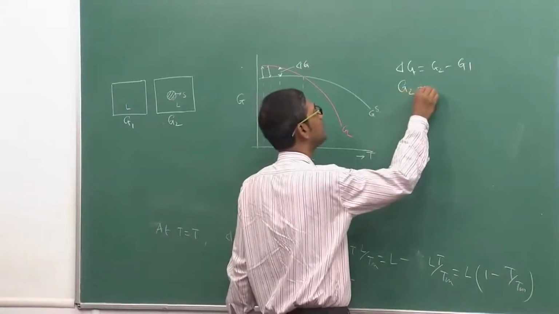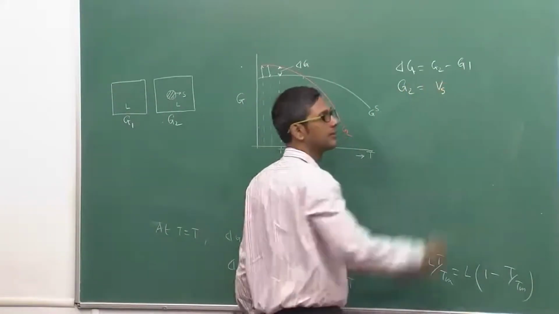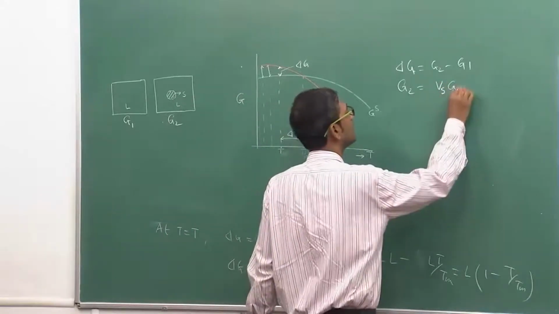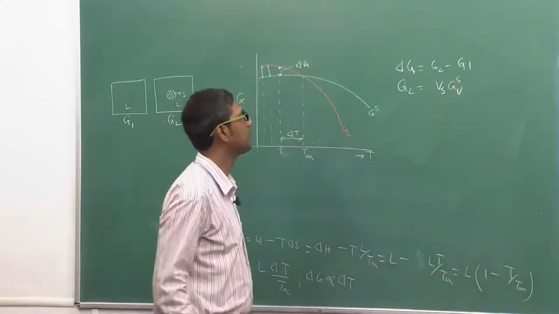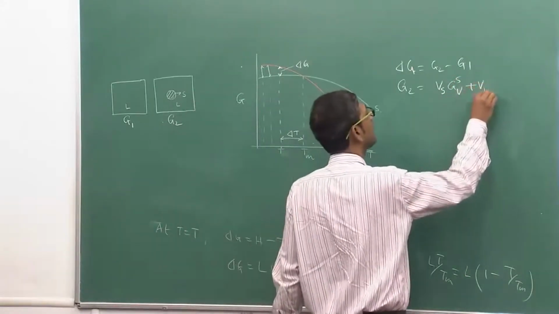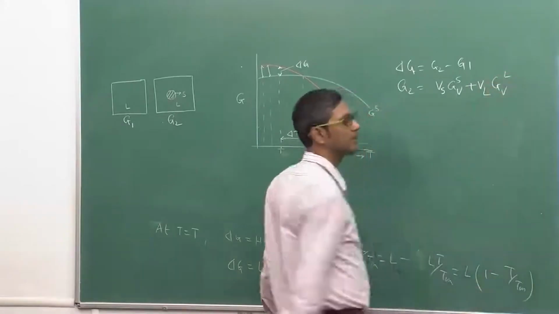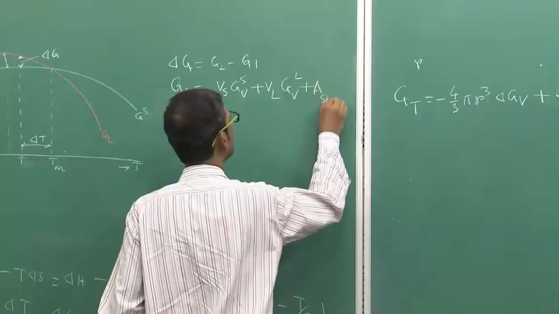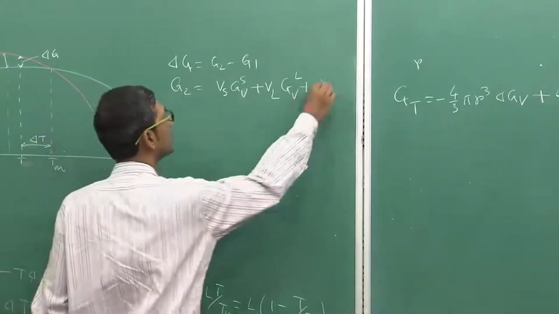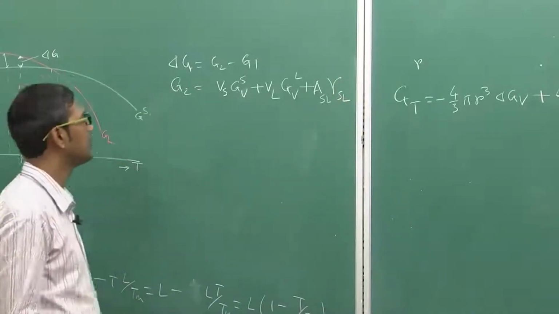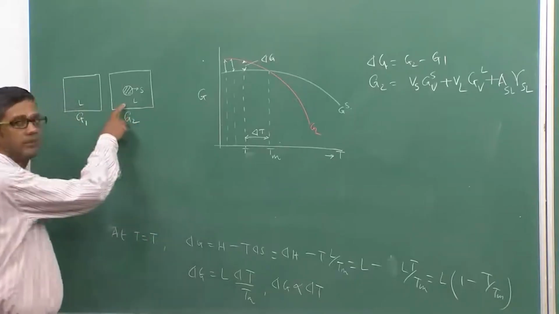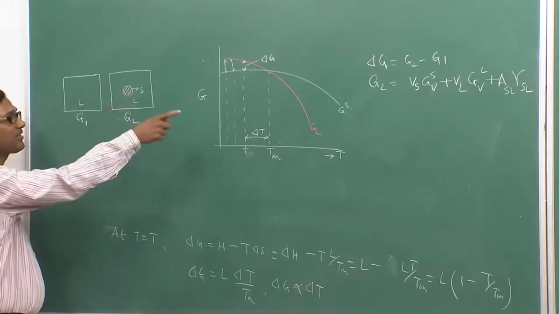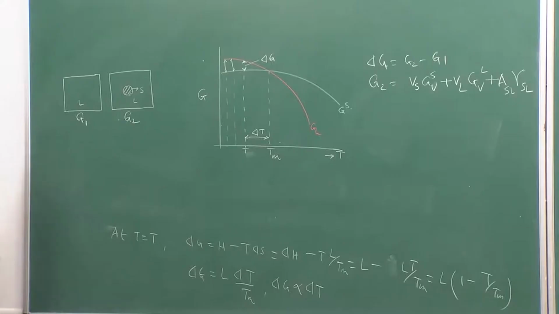G2 is equal to the volume of the solid Vs multiplied by the free energy of the solid, G S, plus the volume of the liquid VL multiplied by the free energy of the liquid, G L, plus the surface area between solid and liquid multiplied by gamma SL.